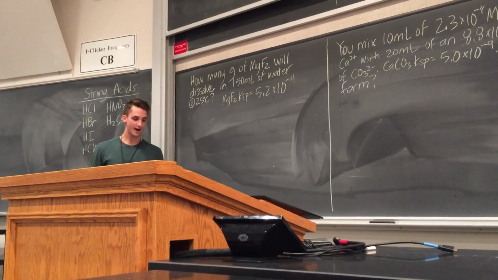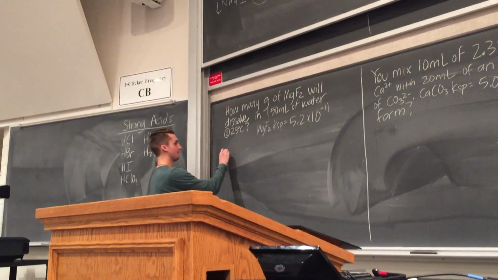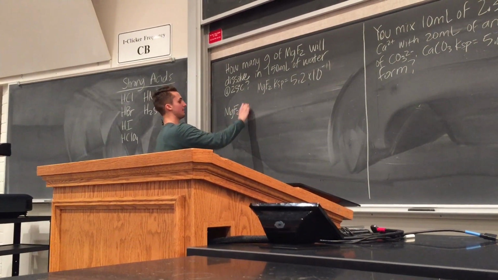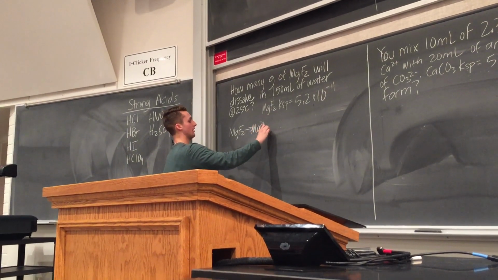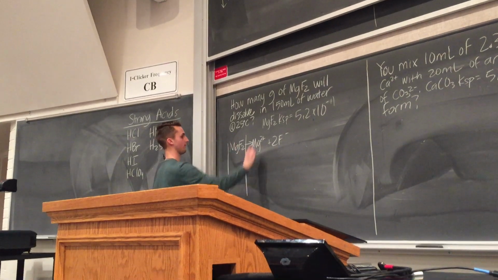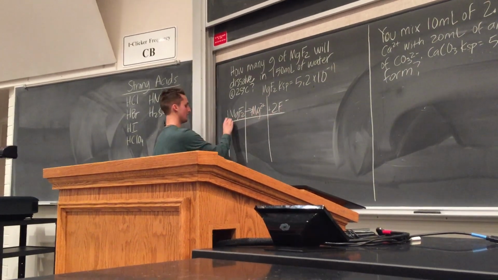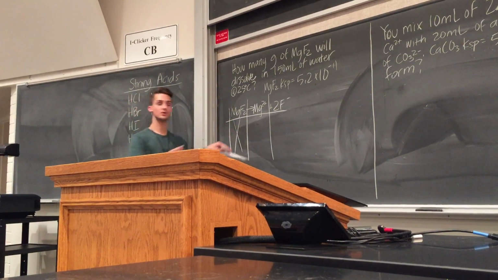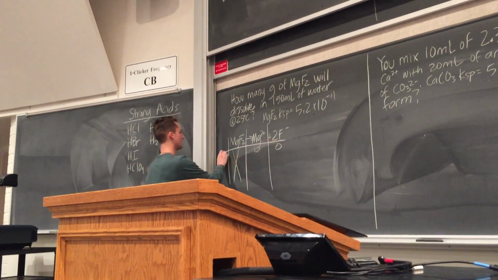So, let's set up our ice table. We have MgF2, which is going to break up into Mg2+ and 2F-. Okay, the solid doesn't matter. The initial concentrations, I'm just in water, so I'm not going to have any. It's going to be 0 and 0.